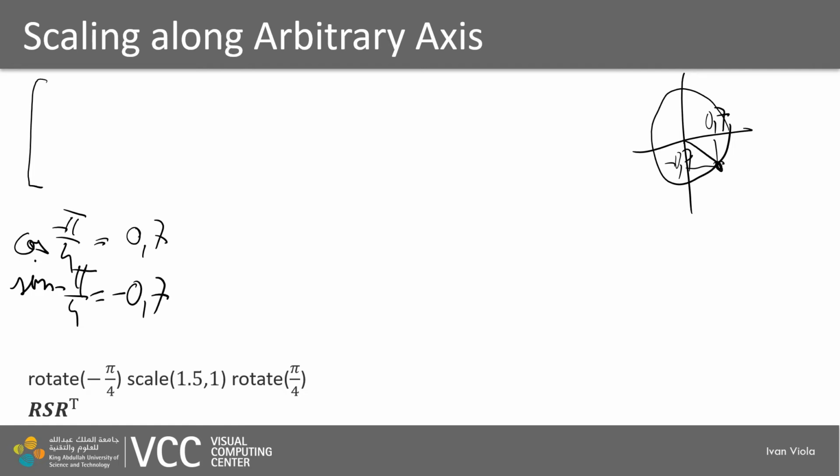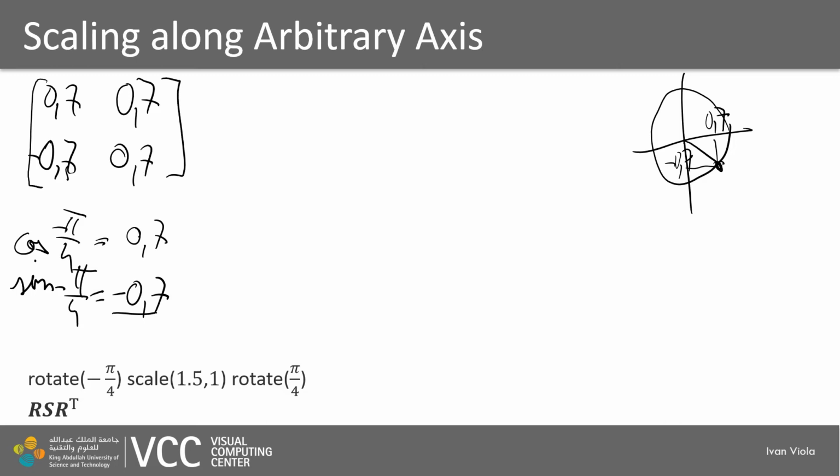So in our matrix, we will have the terms 0.7, minus sine, minus minus, so it will be 0.7 here, and then here will be a plus sign, so we will have minus 0.7, which is this value, and cosine will be again 0.7.